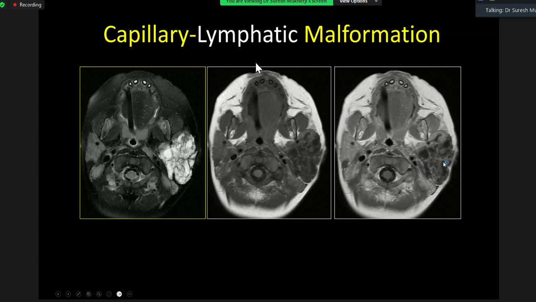So this is characteristic of the capillary component. You can see the lymphatic component right here, which is that big water balloon, and once we give contrast, we can see this linear enhancement. Well, wow, now we can make the diagnosis of a capillary lymphatic malformation or lymphatic capillary malformation. You can flip this around any way you want to, but that's the characteristic finding of this particular abnormality.